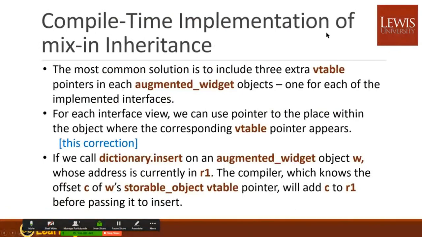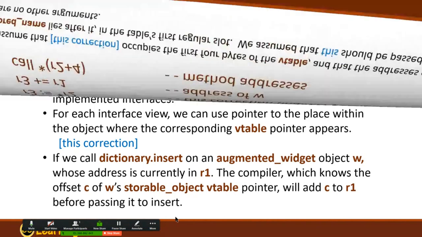So, the compile time implementation of mixin inheritance. The most common solution is to include 3 extra vtable pointers in each augmented widget object, one for each implemented interface. That's the compile time implementation. Let's look at how it works. For each interface view, we can use a pointer to the place within the object where the supporting vtable is. So if we call dictionary.insert on an augmented widget W, whose address is currently R1, the compiler, which knows the offset of the W storable object vtable, can add that and pass it to insert.